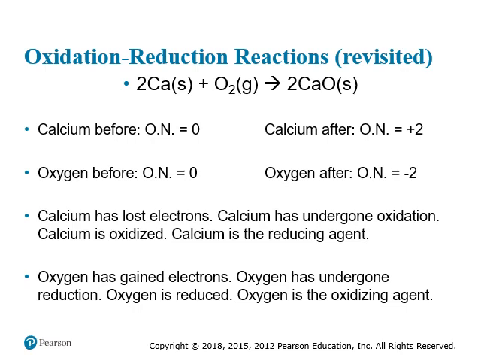Since oxidation is the loss of electrons, calcium has undergone oxidation. Another way of saying that is that calcium is being oxidized. Right? Oxygen, on the other hand, has gained those electrons. And since reduction is the gain of electrons, oxygen has undergone reduction.